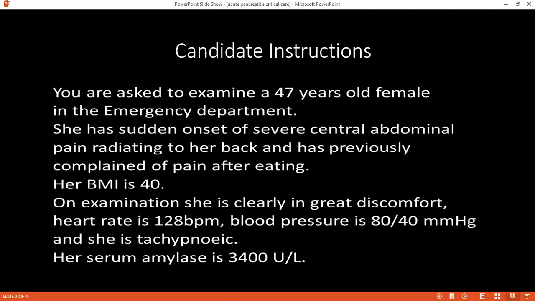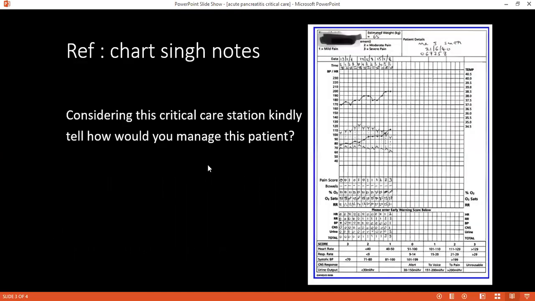All right, ma'am. Yes, so there is just a little bit here, just a question. Okay, so for the management of this patient, right now, if you have read and understood, considering the critical care scenario, kindly begin.